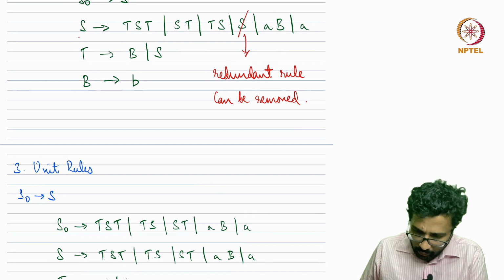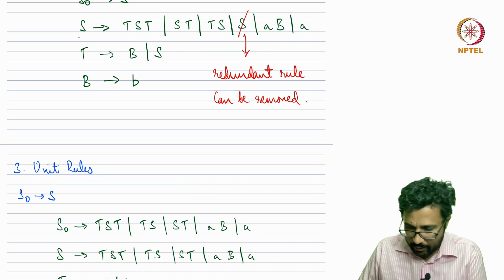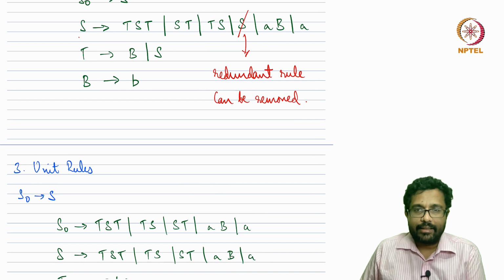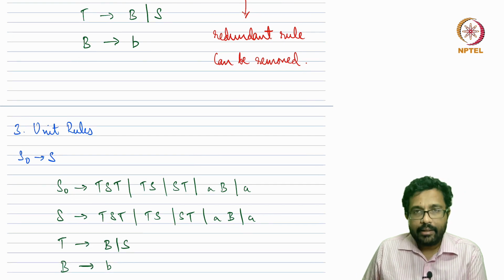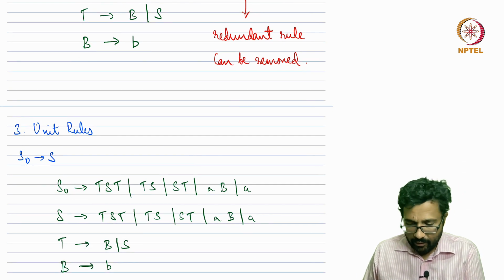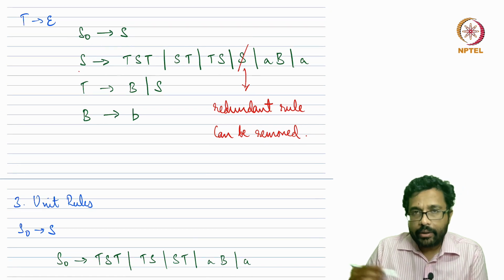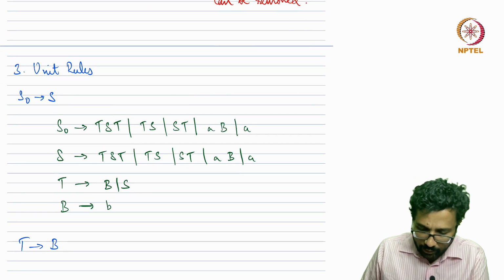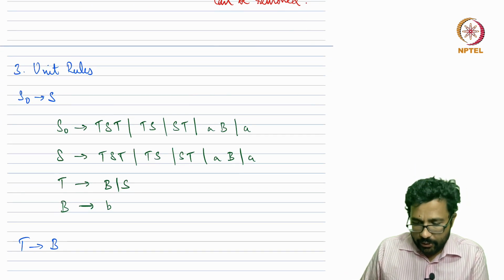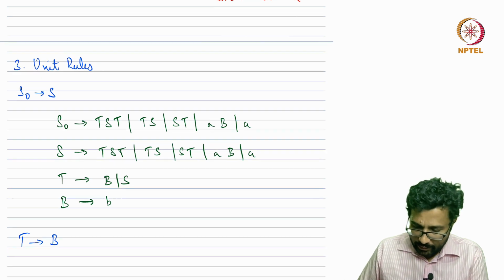S0 also now gives TST, TS, ST. Okay, the order is changed, ST and TS, but it's the same. AB and small a. S also gives the same things, right? T gives B and S, and B gives small b. So while we removed S0 gives S, whatever S could produce, we put on the right hand side of S0, right?